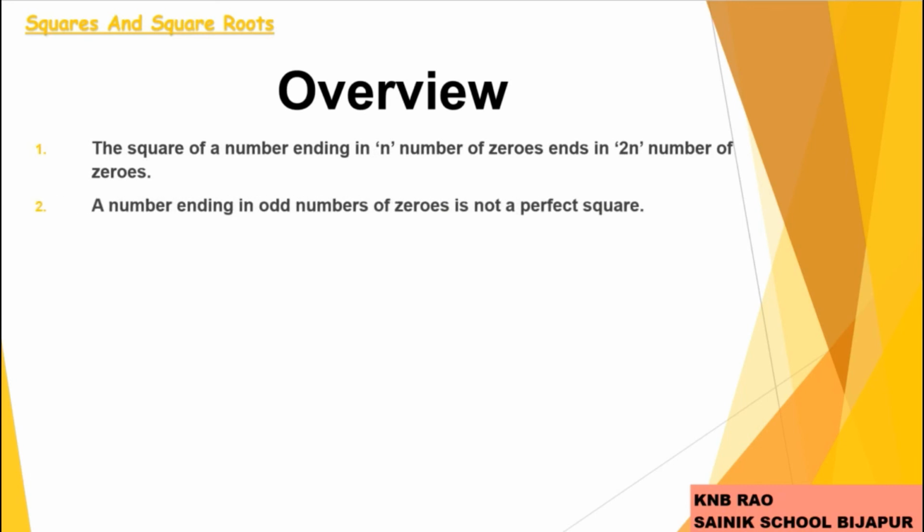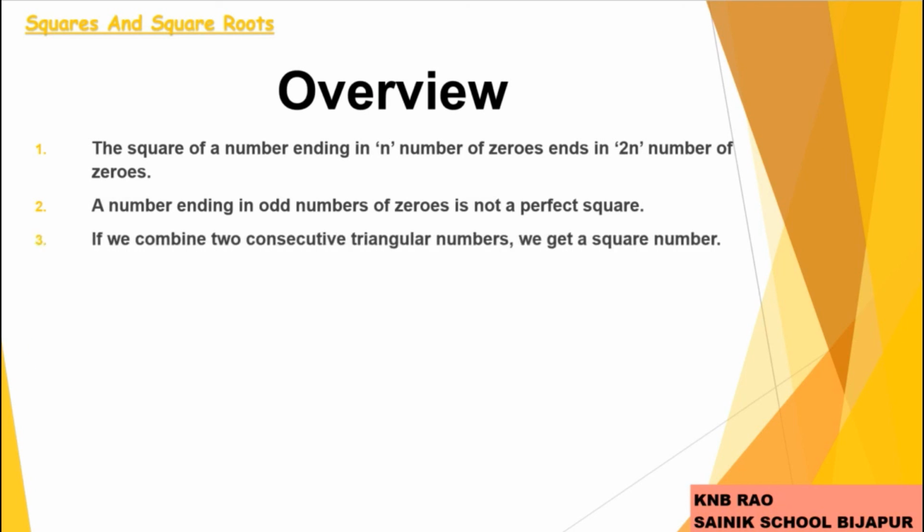Next, a number ending in an odd number of zeros is not a perfect square. Second property. If we combine two consecutive triangular numbers, we get a square number. This is one of the patterns. Next, the sum of the first n odd natural numbers is n square. This is the second pattern.